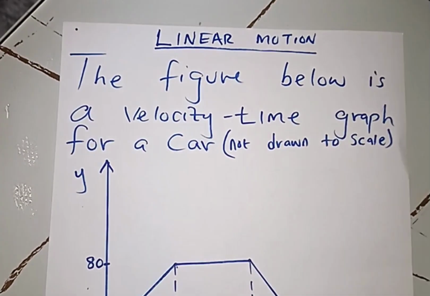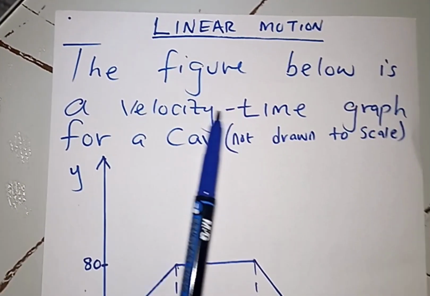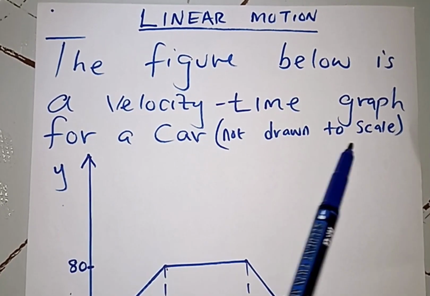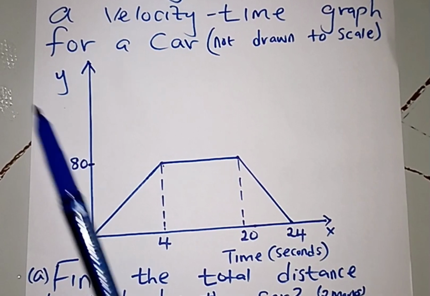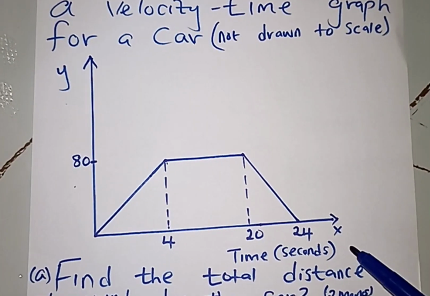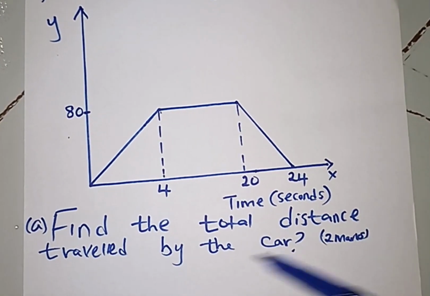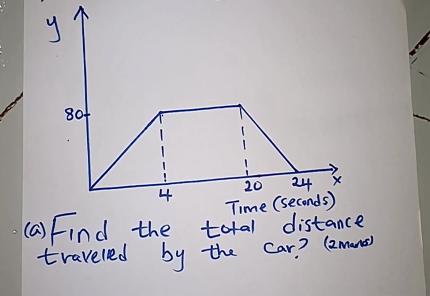So the figure below is a velocity time graph for a car, not drawn to scale. The y-axis represents the velocity while the x-axis represents the time. We talked about this graph when dealing with linear motion in Form 2 or Form 3 in physics.